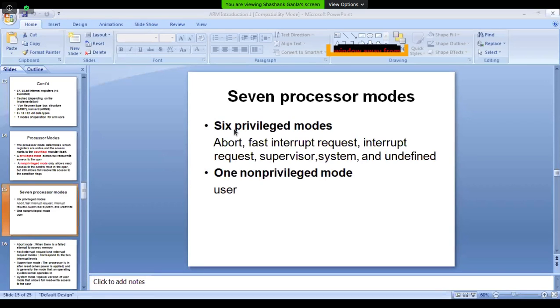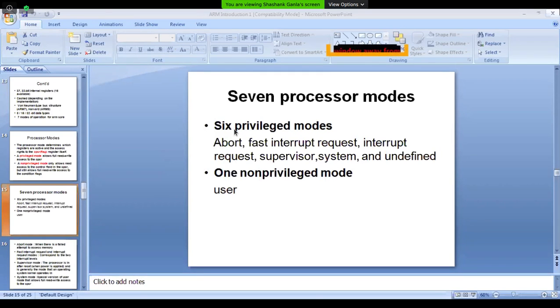There may be instructions which are commonly available in all cores, but there may be some typical instructions which are present in one core but not in the other core. This will usually happen when you go from a lower core to a higher core. The higher core will support additional instructions which are not present in the lower core, but it will support all the instructions of the lower core.